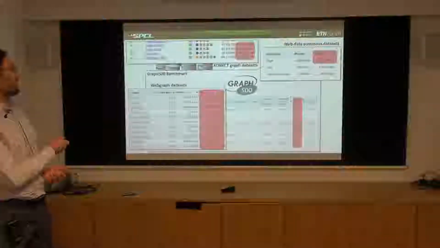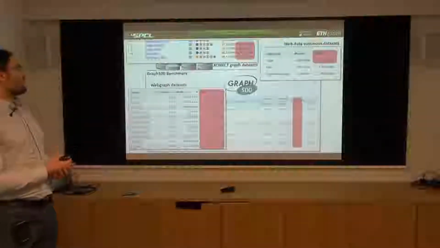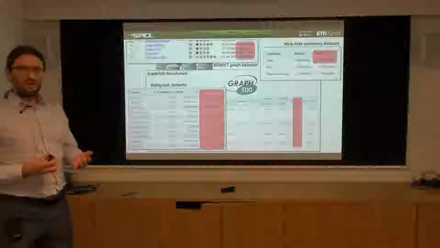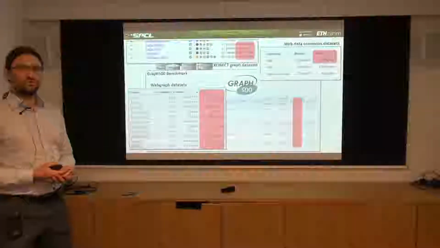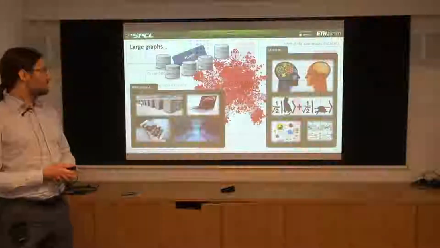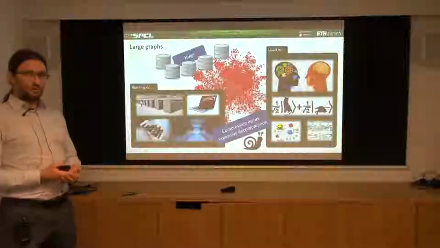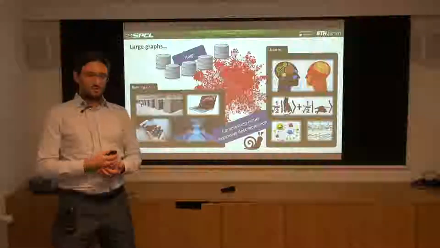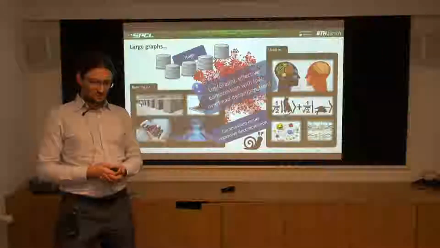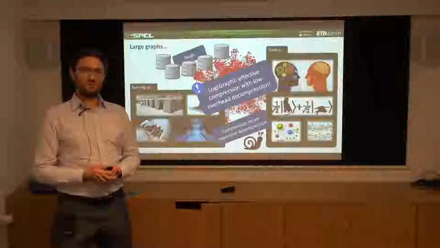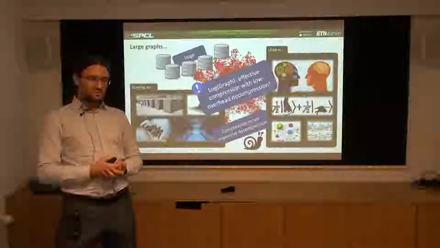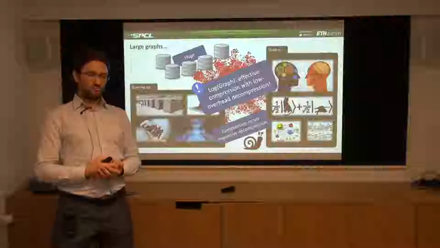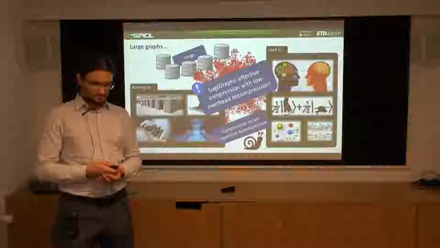So, for example, here we have graphs that have more than a billion edges, and we need to somehow store and manage these large datasets. Right, so the traditional compression is okay, but it's quite slow. It entails, of course, the decompression overheads. So to alleviate this, we present LogGraph, a representation which combines effective compression with low overhead decompression.